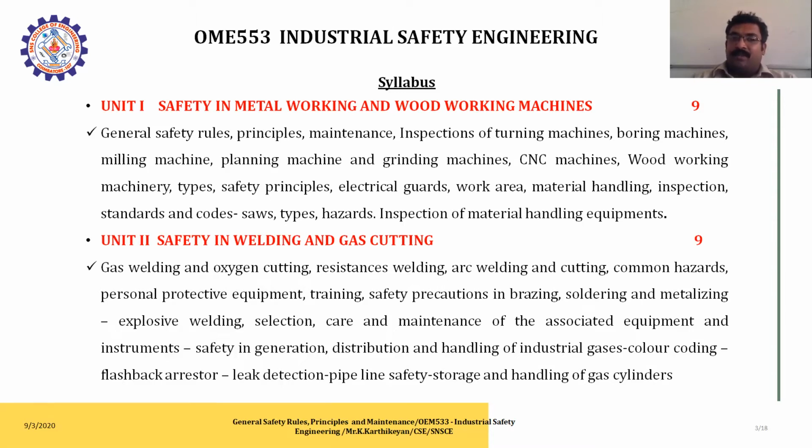Wood working machineries and types and safety principles, electrical guards and work area, material handling and inspection, standards and codes, and saw type hazards, inspection of material handling equipments. This is the first unit of this syllabus.